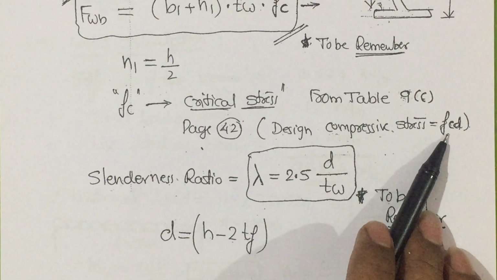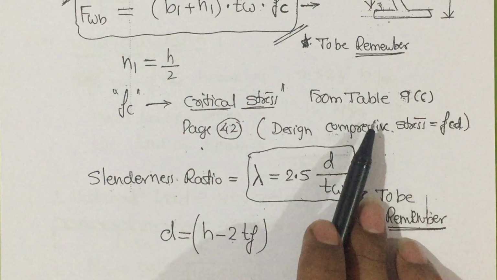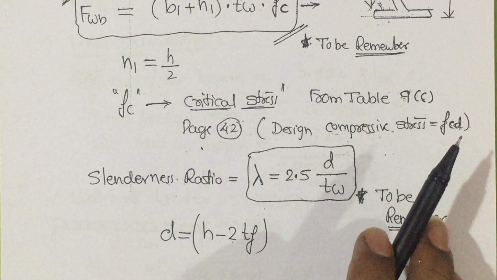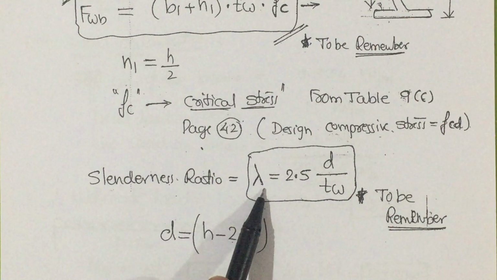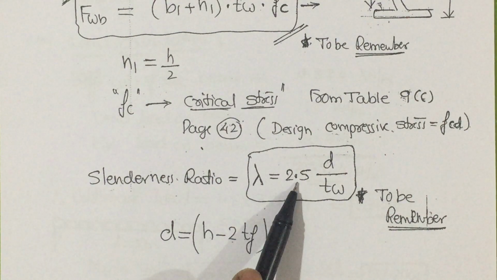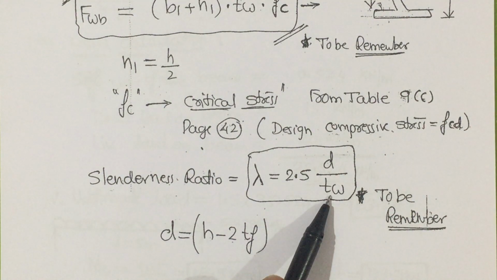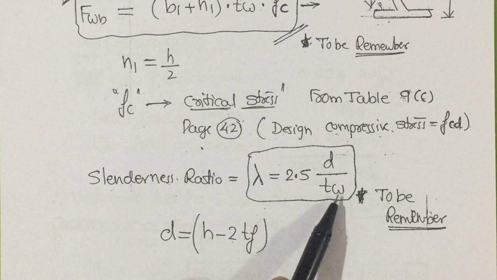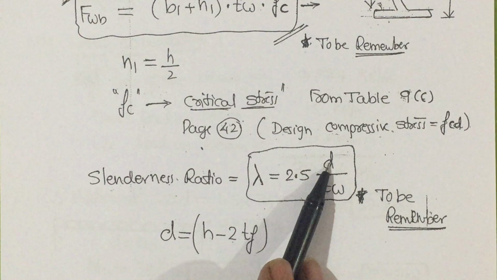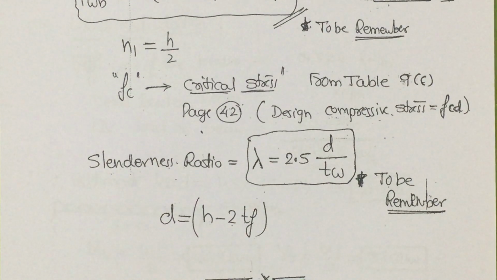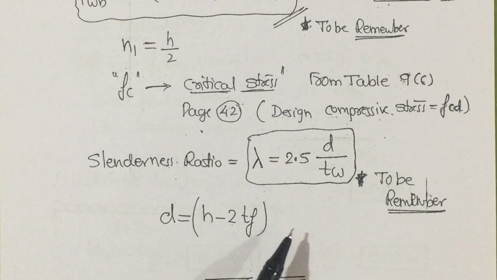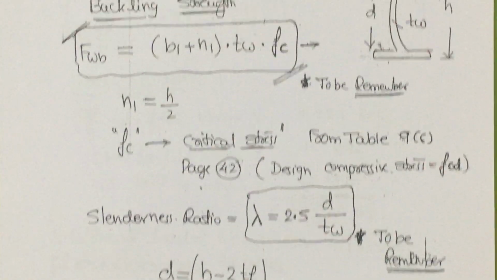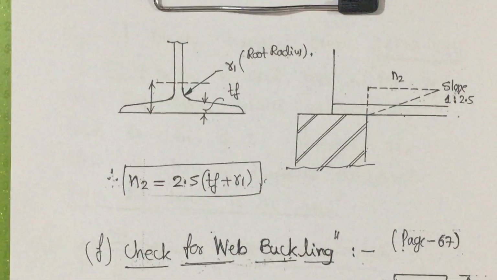That is design compressive stress, Fcd value with respect to lambda and Fy values. Now, slenderness ratio lambda is given by 2.5 into D divided by Tw. You need to remember this formula, lambda is equal to 2.5 into D divided by Tw, where D is given by H minus 2 times the thickness of the flange. D is nothing but depth of the web.